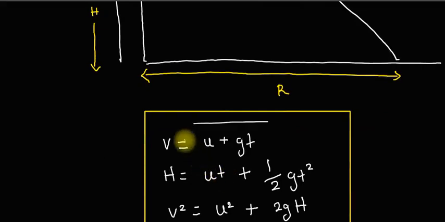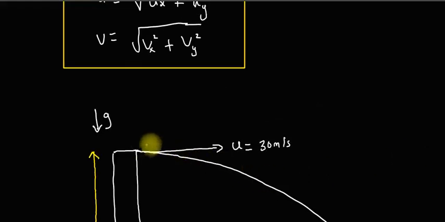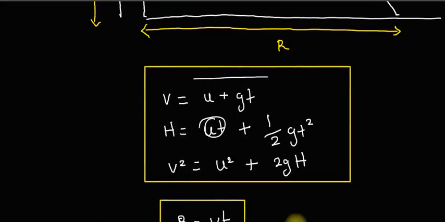Rather, since the object was launched horizontally, the vertical component of the velocity is 0. So it's 0 you will work with. Thus, to calculate the height, you are going to use h equals 1 over 2 gt squared.